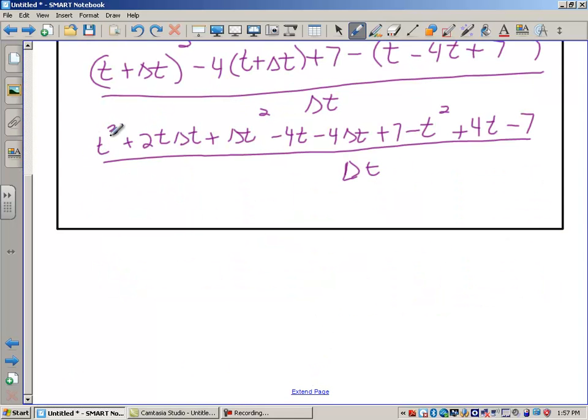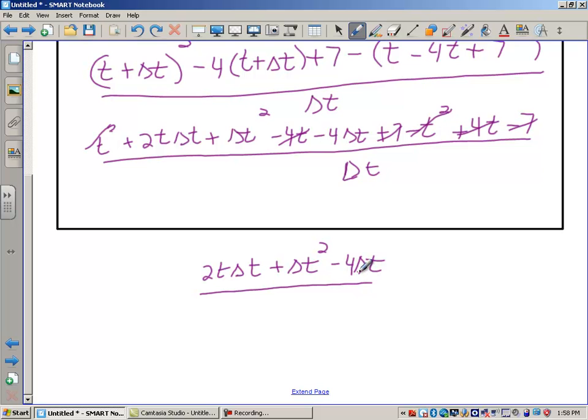Let's see, I've got a t squared here, and later on I've got a minus t squared. Well, that's sort of cool. Those cancel. What else happens? I've got a minus 4t and a plus 4t. I've got a plus 7 and a minus 7. So let's see what we have left. We have 2t delta t plus delta t squared minus 4 delta t, and that's all over delta t.